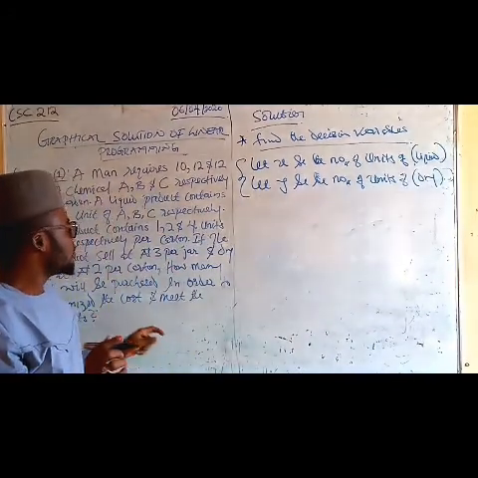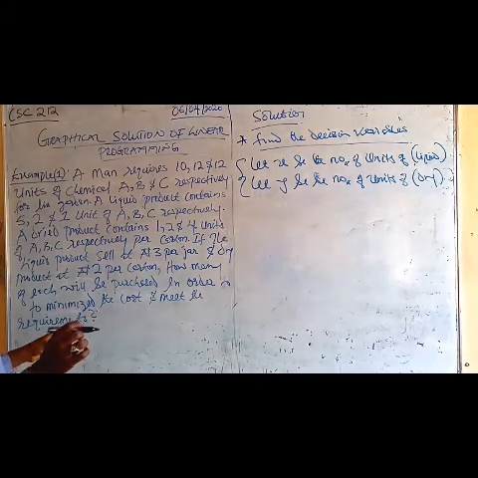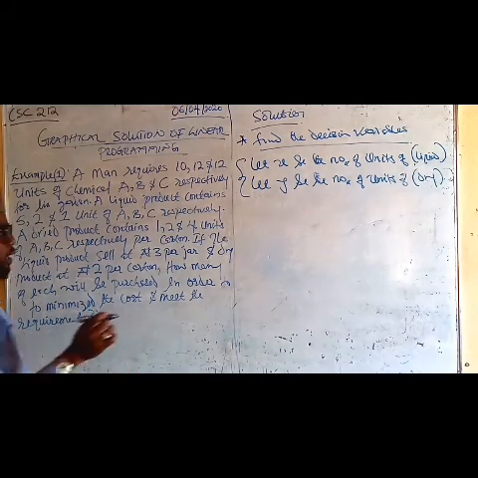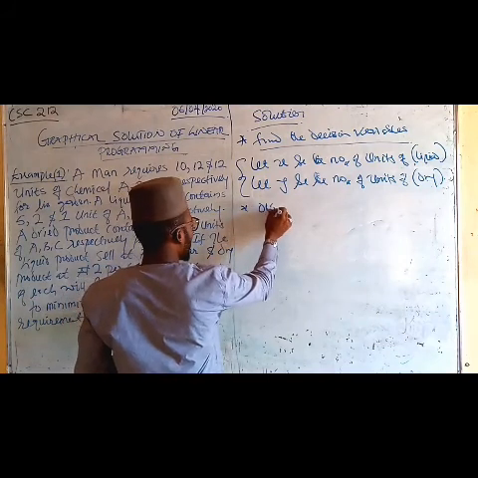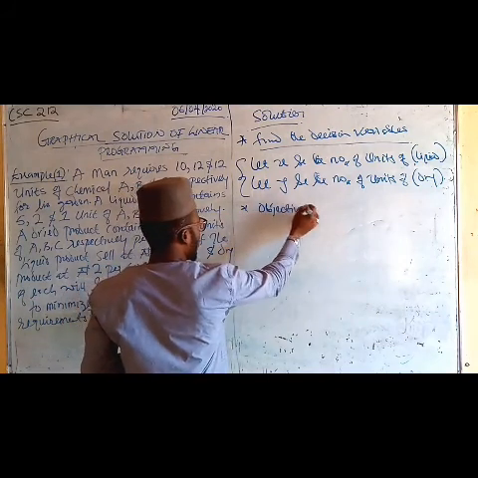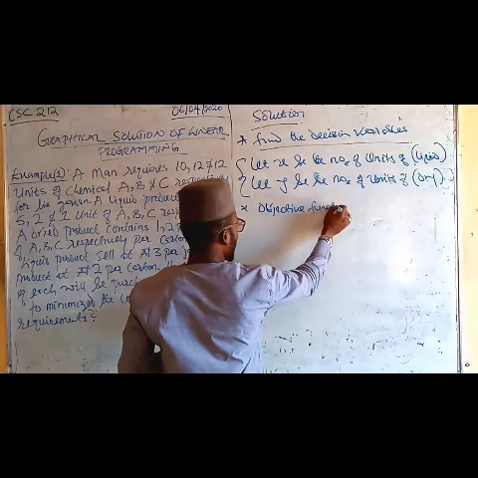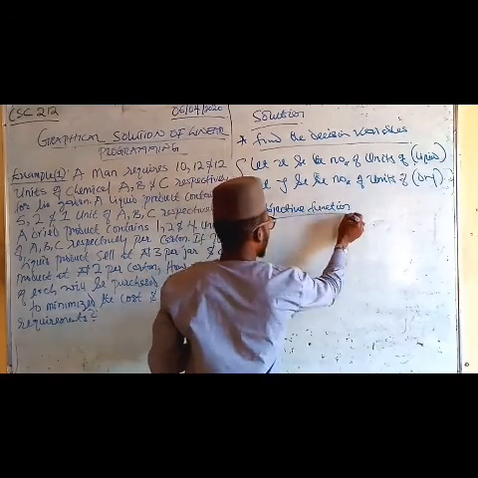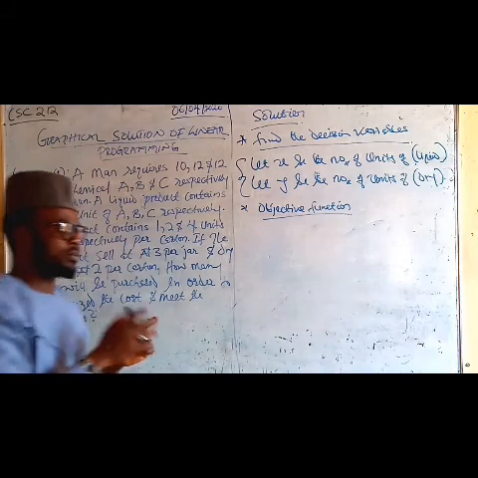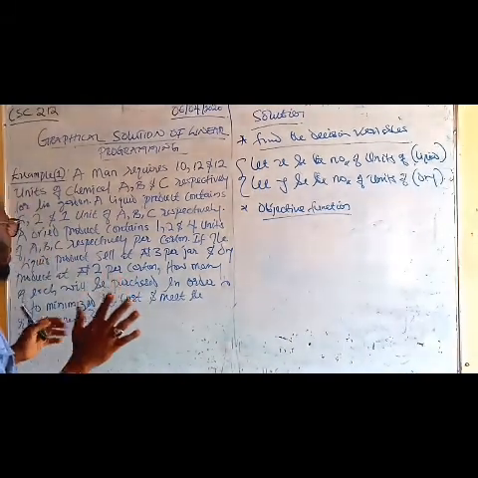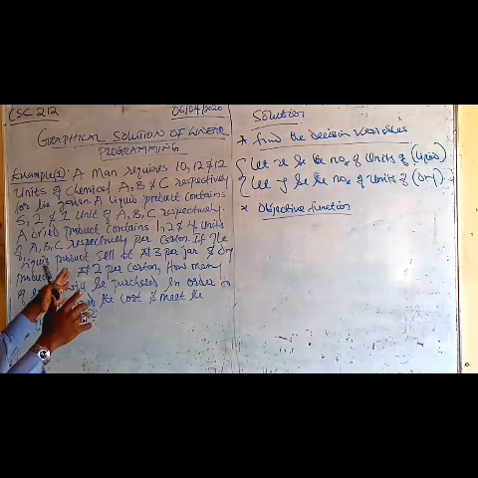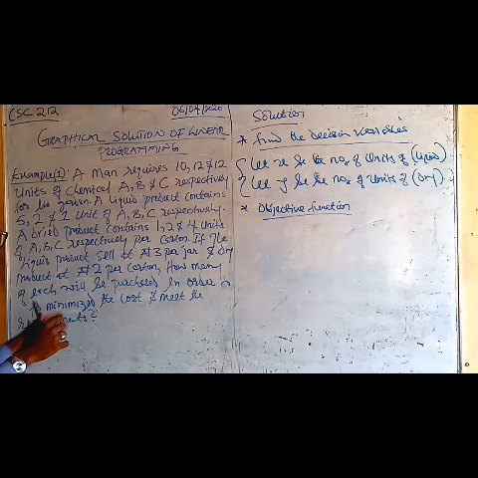Then the next step, we are now going to find the objective function. So how do we find the objective function? For any problem given, there must be an objective function for the purpose of solving that particular problem.